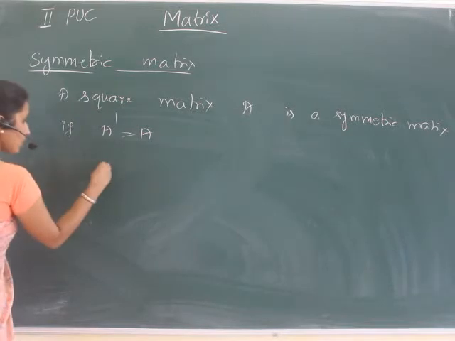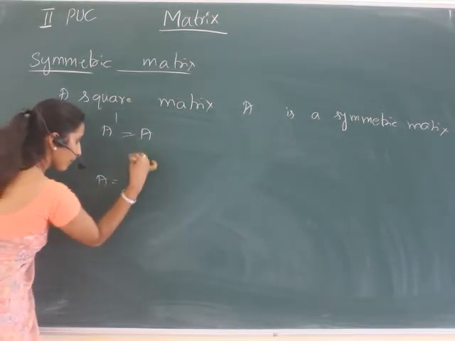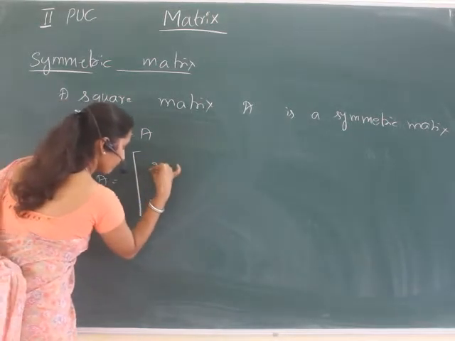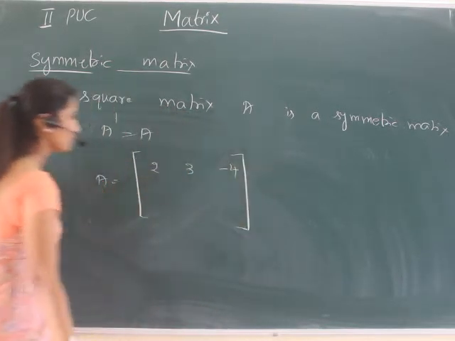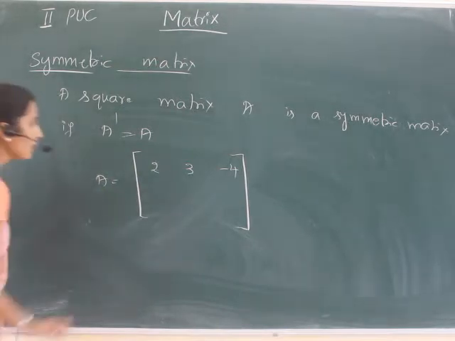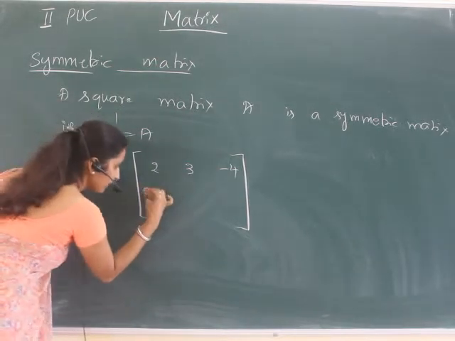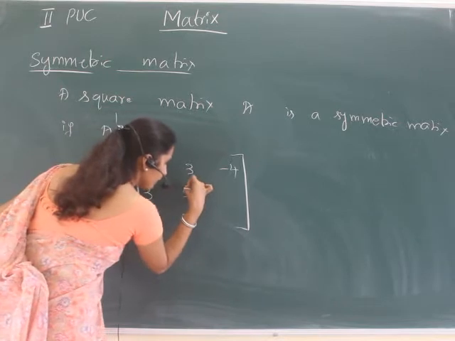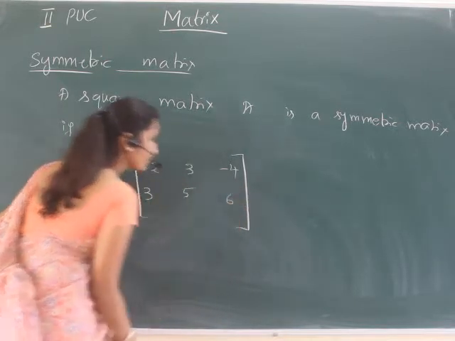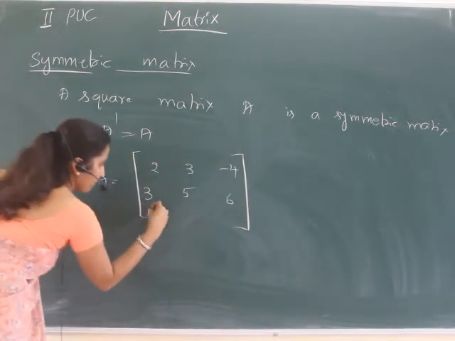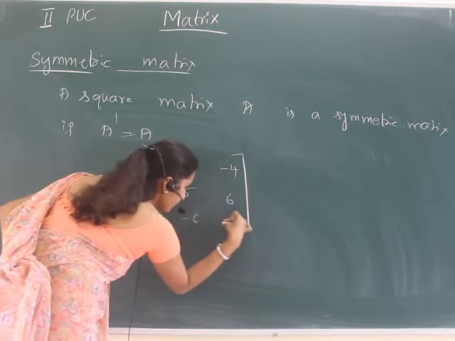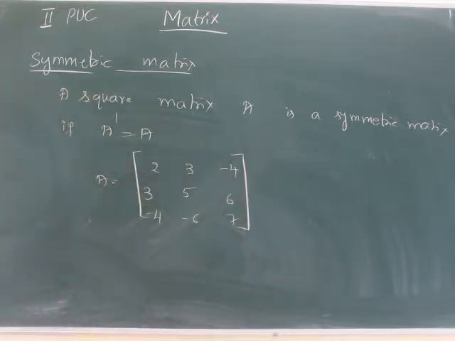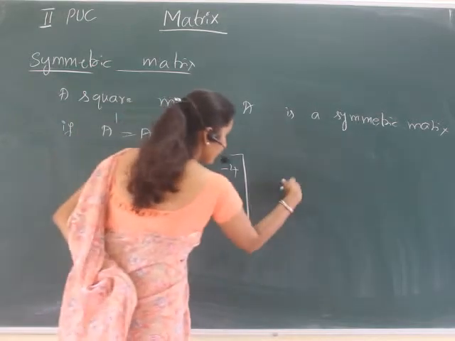If I consider a square matrix A, with rows 2, 3, minus 4; 3, 5, 6; and minus 4, 6, 7.